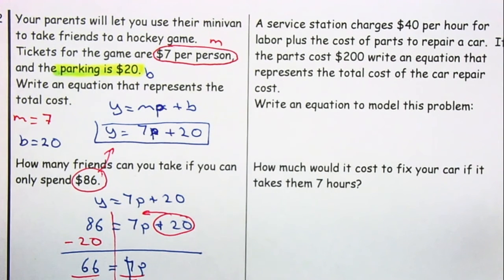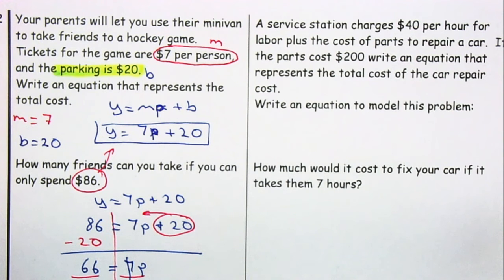So P is equal to 66 over 7. Or, how many times does 7 go into 66? 9. 9 times 7 is 63. Because this P is the number of people that you take in, you can't take 9.3. So there will be just 9 people.